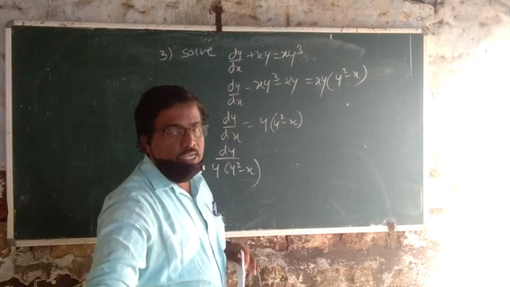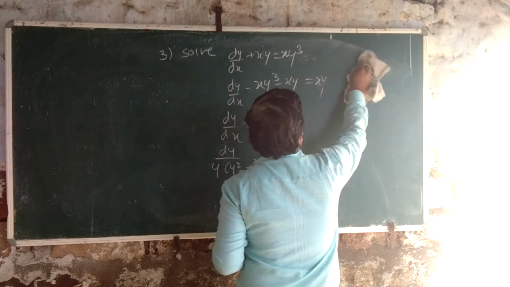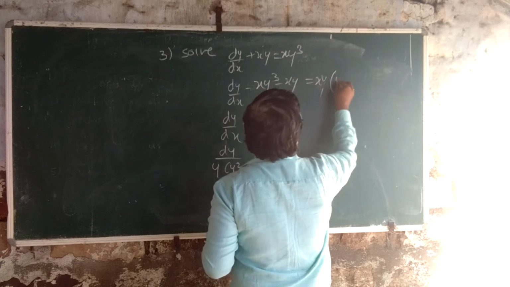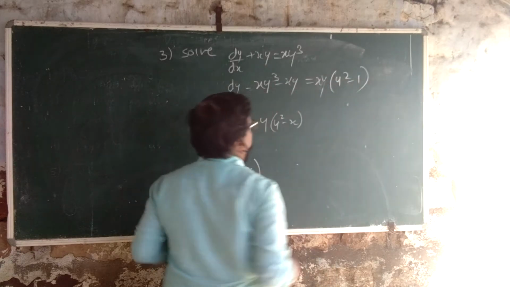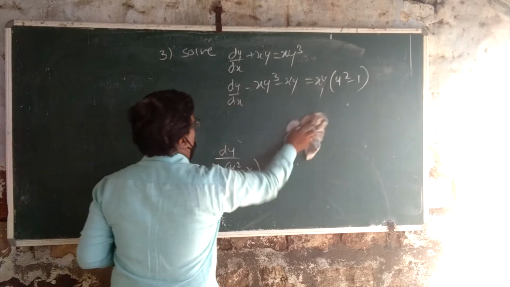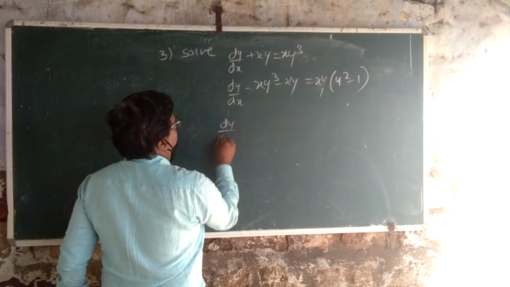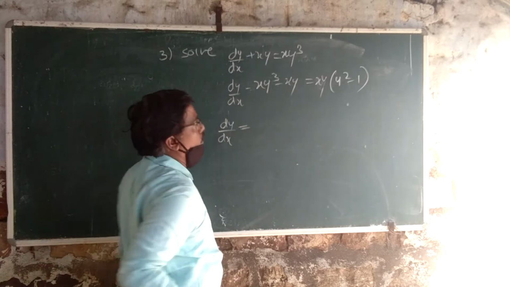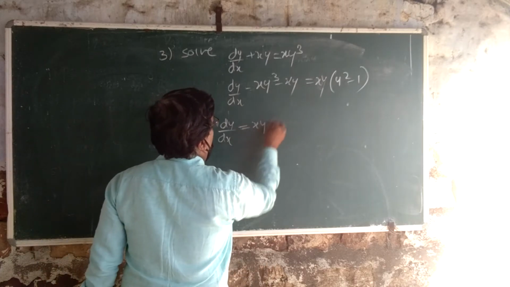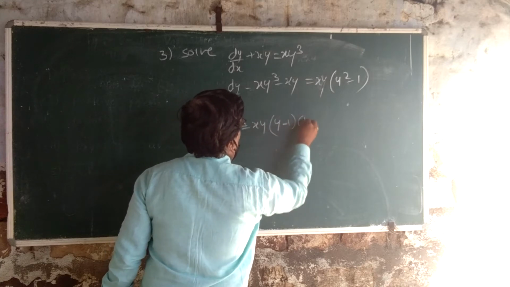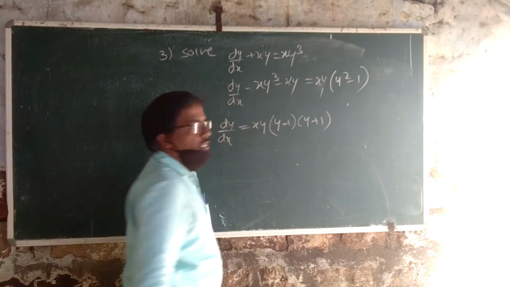Then xy into y square minus 1 is left. So dy by dx is equal to xy into y square minus 1. This is same as y minus 1 into y plus 1.